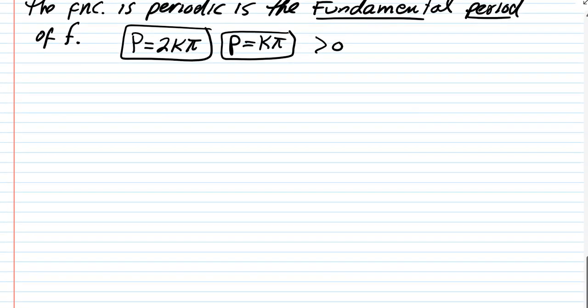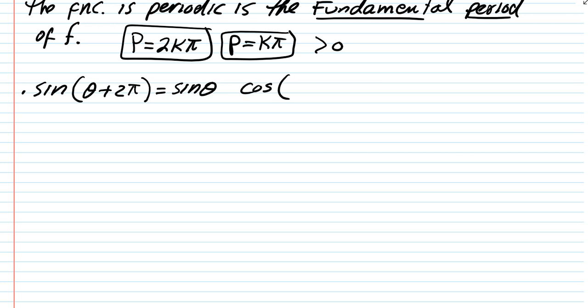So let's take a look at, for example, sine. If you look at sine of theta plus 2 pi will give you exactly sine theta. That's one rotation in a counterclockwise direction. So sine, cosine, all of them would be periodic. The period of sine and cosine is 2 pi. So that means cosine of theta plus 2 pi will give you exactly cosine theta.